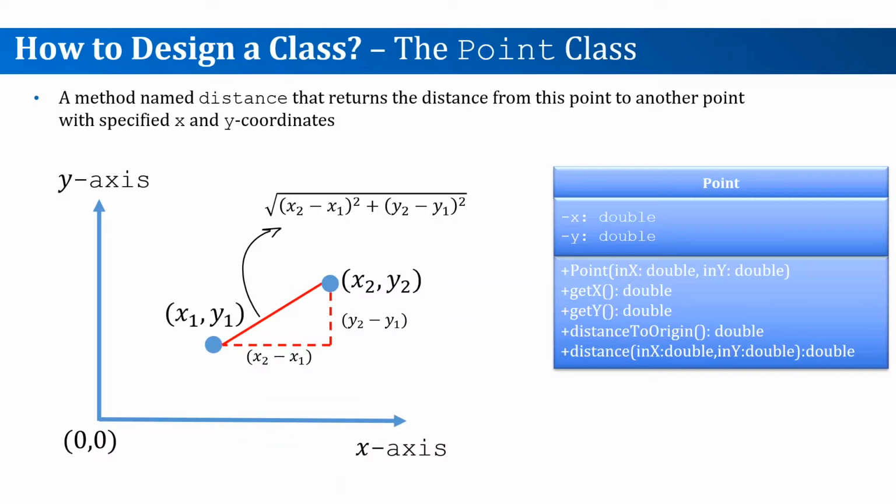I call them again int x and int y, and that's perfectly fine because the scope of the nx and ny of the point constructor is completely different from the scope of nx and ny in the distance method. And this method is going to calculate the distance, so it's going to return a double. So this way we have the colon double at the end. All right, so let's go and implement this method.